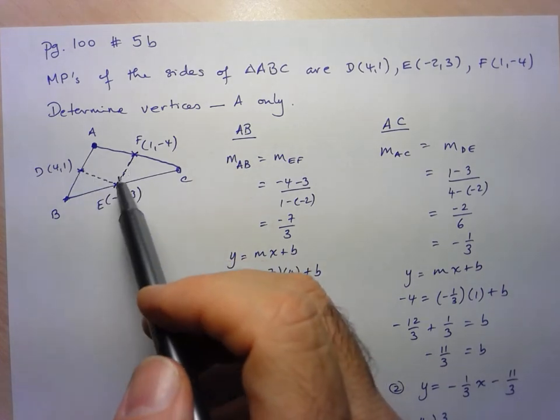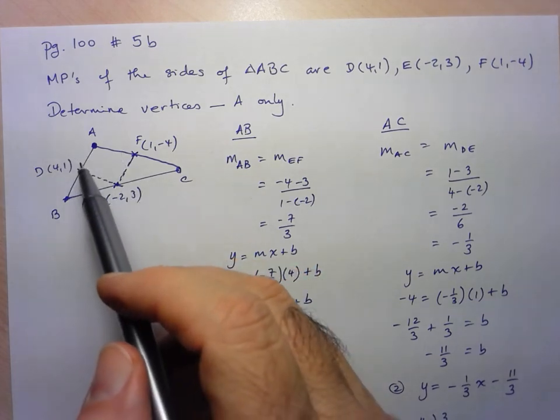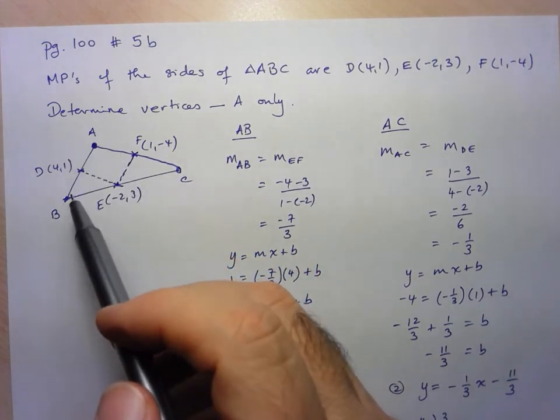Since we had the points on either side of the mid-segment, we could find this slope, which gave us the slope of the opposite side. Okay, that's it for this one.